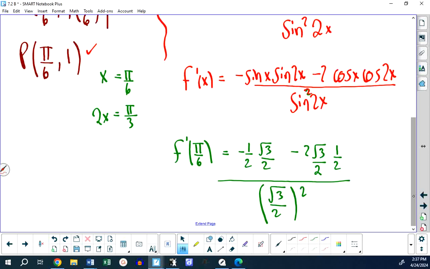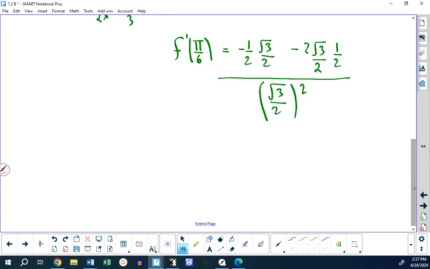So that's where we're at. We clean it up a bit. What I get is on the top, negative root 3 over 4, minus 2 root 3 over 4. I didn't bother to cancel a 2 with the 2 on the top because then I get a common denominator. Over 3 over 4, because root 3 squared is 3.